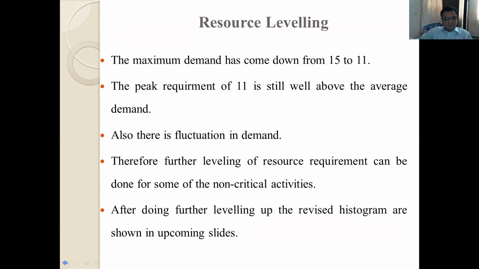So what is done for that? The maximum demand has come down from 15 to 11. The peak requirement of 11 is still well above the average demand. Also, there is fluctuation in demand. In some of the days, a huge requirement is there; in some days, very low requirement.